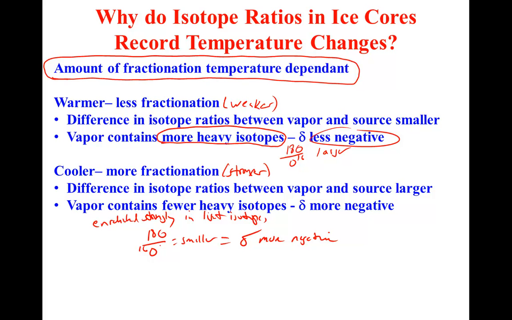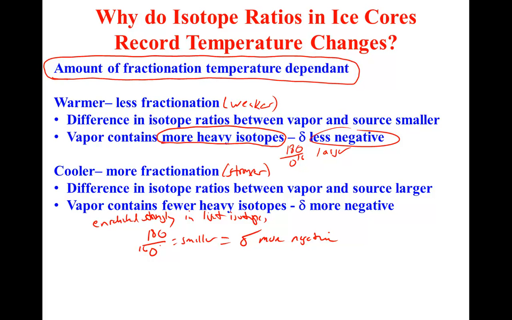As a result, the vapor has a larger heavy to light isotope ratio and a less negative delta value. It's still negative because it's harder for the heavy isotope to evaporate. It's just a question of how much. At warmer temperatures, it's not quite as hard. A little bit more of it is able to get into the vapor, and our delta values become less negative as a result.